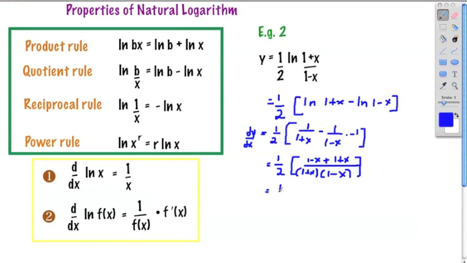And then we can make some simplification. Right up here, 1 plus 1, we simply get 2. Minus x plus x, 0. So we settle the numerator. For the denominator, we have to expand this. We simply get 1 plus x minus x squared.